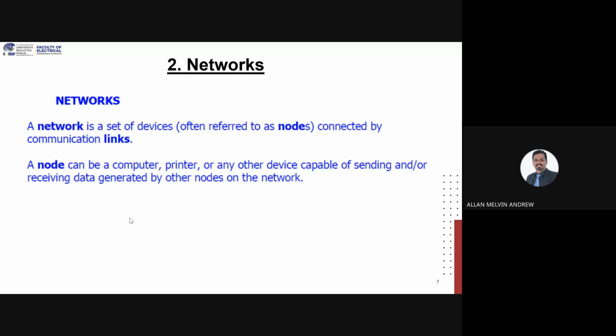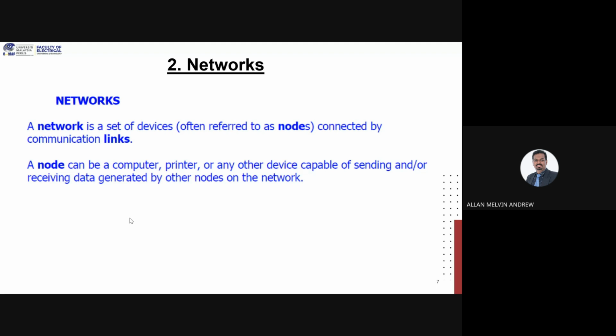Okay, then networks. So we entered the second subtopic. When you are using a wired setup or a wireless setup, we usually will have a network. Network means you have a few computers or devices connected together to communicate among the network.